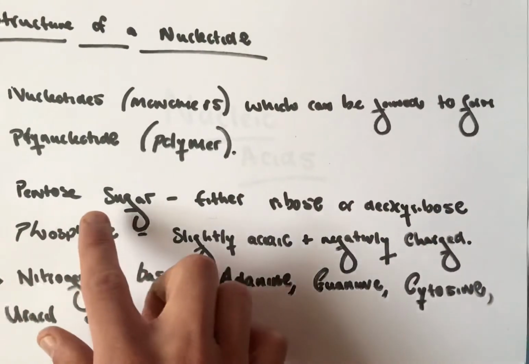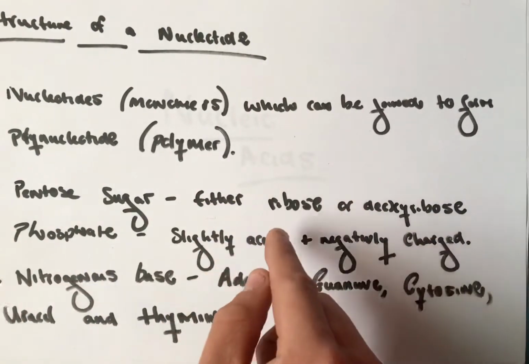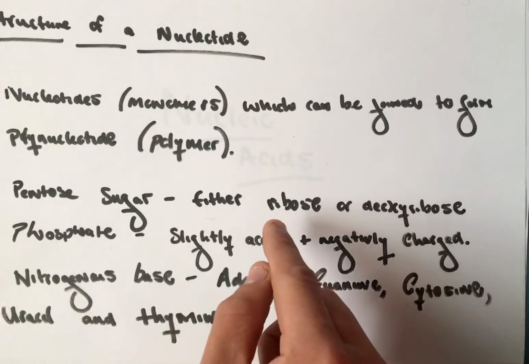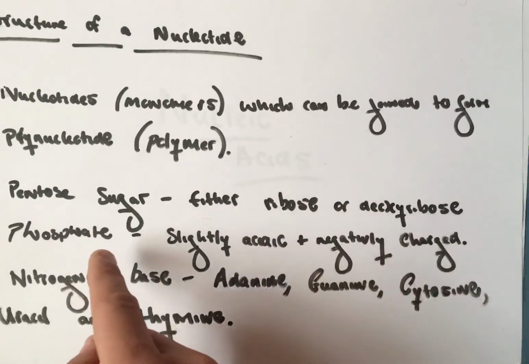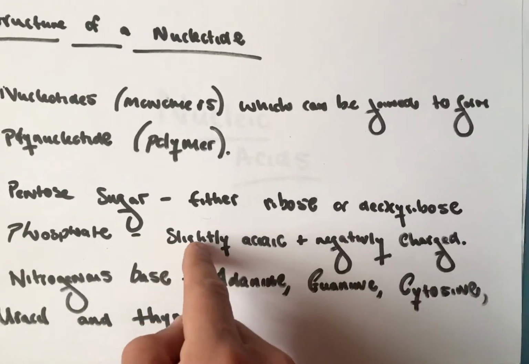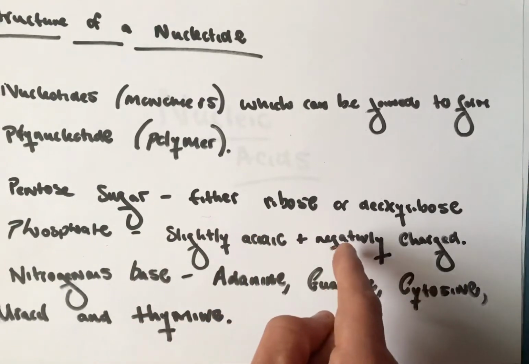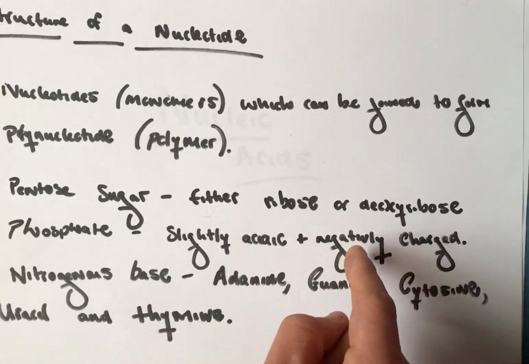You've got a pentose sugar, which can either be ribose in RNA or deoxyribose in DNA. The phosphate group, which is the slightly acidic and negatively charged part of the nucleotide molecule.